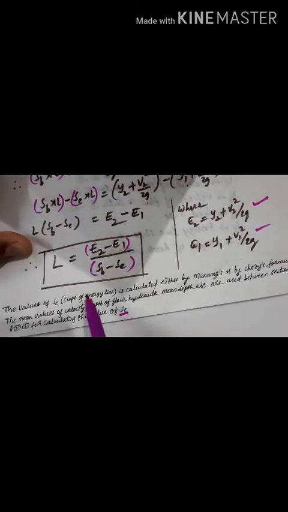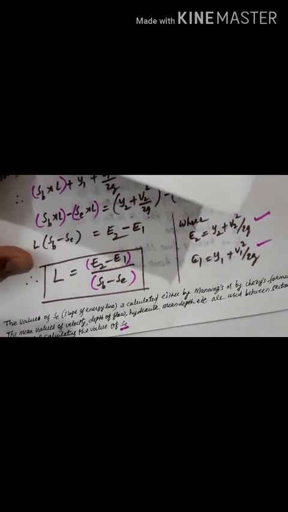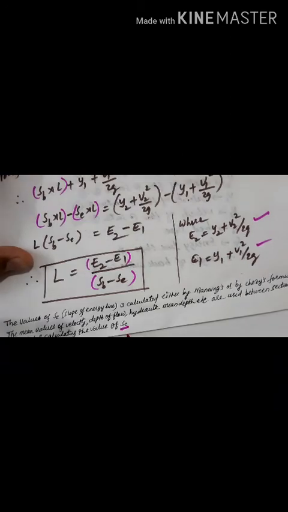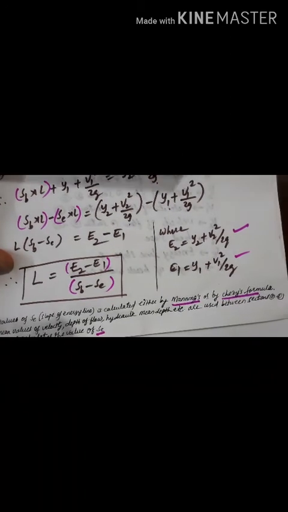So to calculate the slope of energy line, you have to use either Manning's formula or Chezy's formula.